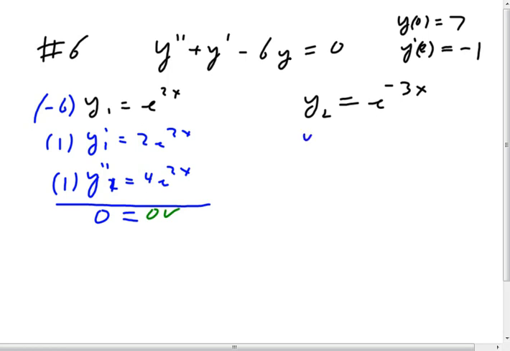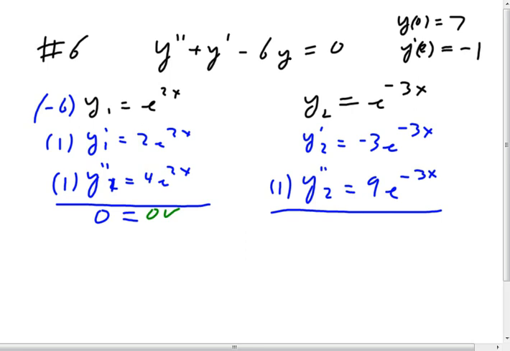Do the same thing over here, y2 prime is minus 3 e to the minus 3x, y2 double prime is 9 e to the minus 3x. I'm taking one of them, minus 6 of him. And when I get done, I'm supposed to have 0. So minus 6 minus 9 plus 9... 0, that solution checks.